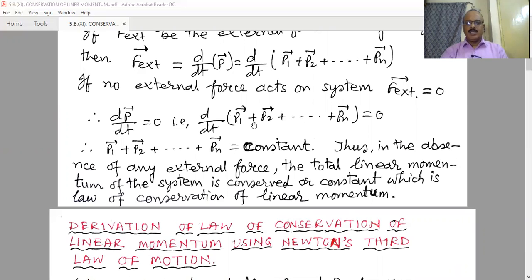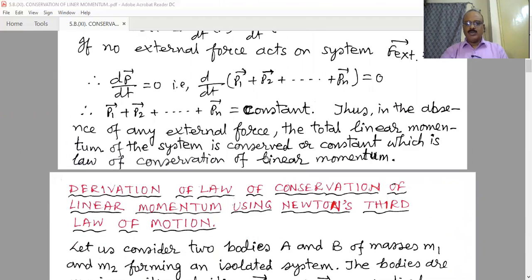Differentiation is nothing but the rate of change, and when the rate of change is 0, the quantity is constant. There will be no change with respect to time. Thus, in the absence of any external force, the total linear momentum of the system is conserved or constant, which is the law of conservation of linear momentum.